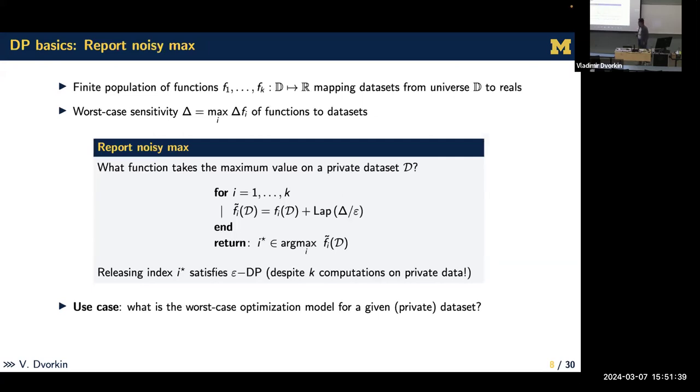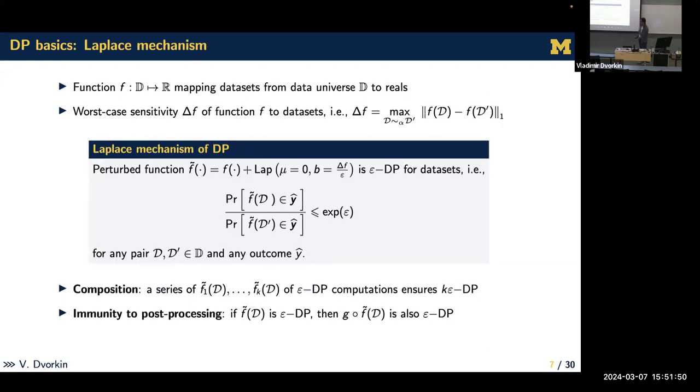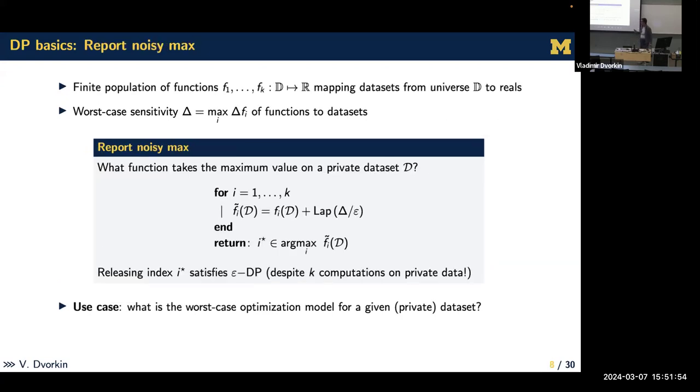Another interesting mechanism, relevant for this talk, is called report noisy max. With the Laplace mechanism we respond to numerical queries, right? With report noisy max, we enable non-numerical queries.